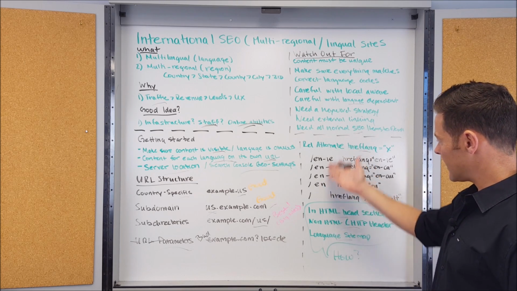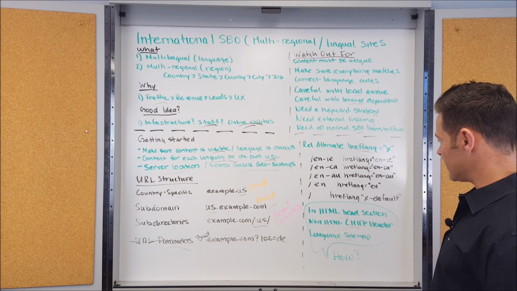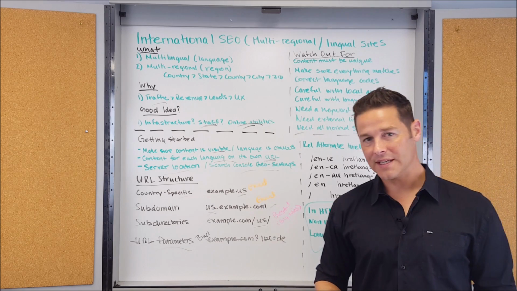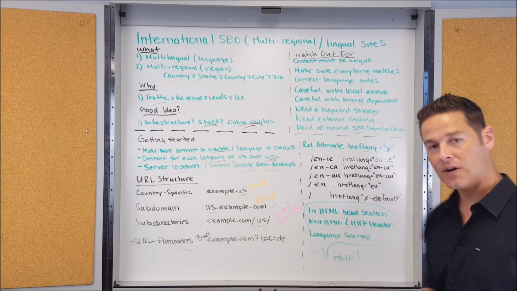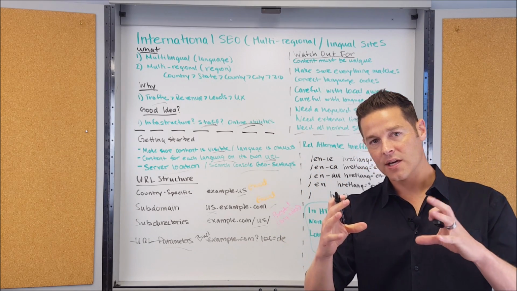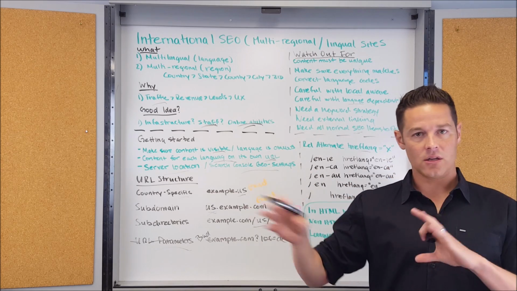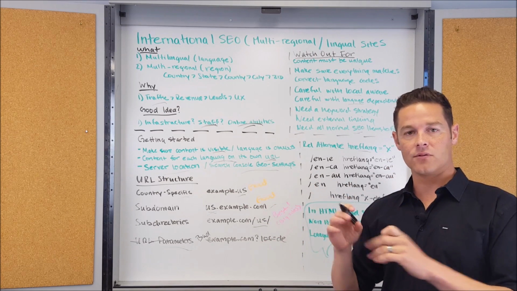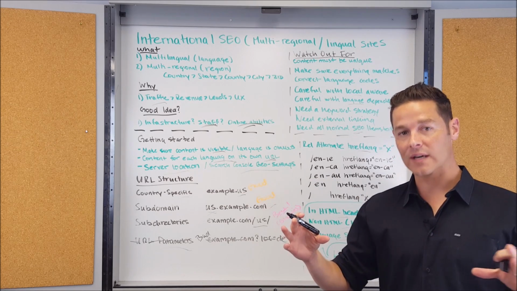These would be actual pages on your website. And then this is what we call the x-default. X-default means that out of all of these pages, this is the main page that we want to set as the default. So if Google gets confused, this is our default page for everyone.